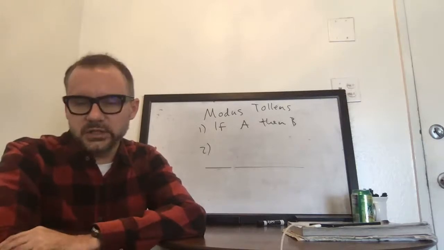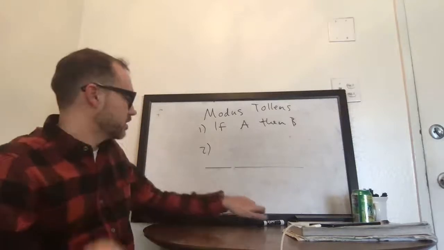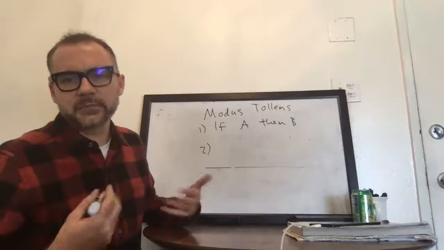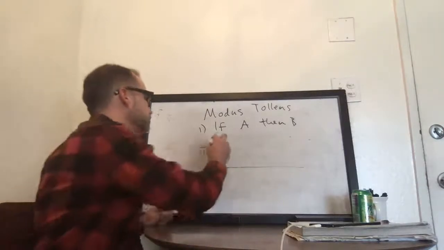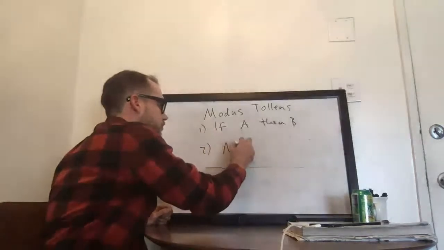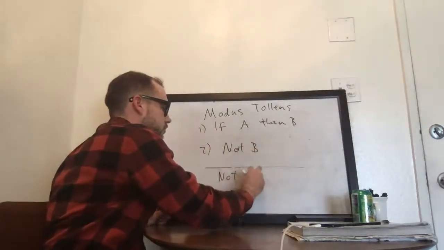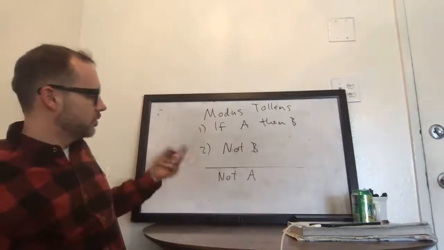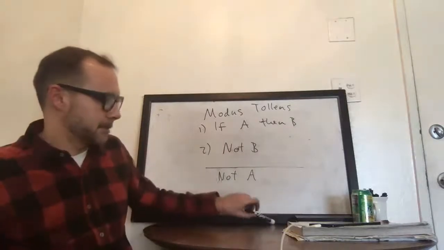If A, then B. Not B, so therefore not A. Exactly. And while I'm writing that here, somebody try and now fill in the gaps on A and B and give an actual argument then. If A, then B, but not B, and so therefore not A either. So then what do you think could be an example of that?